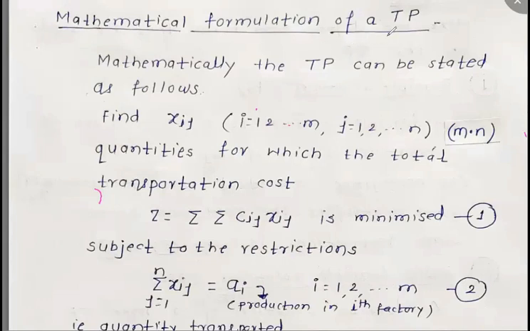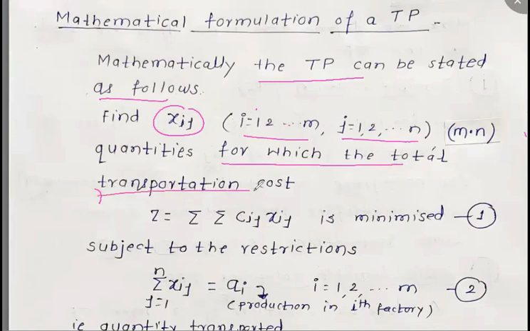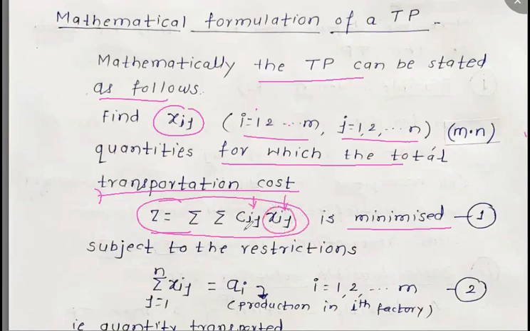Mathematical formulation of a transportation problem. How to describe it mathematically? So mathematically, the transportation problem can be stated as follows. Find Xij, i equal to 1 to m, j equal to 1 to n. Determine these m into n quantities for which the total transportation cost Z is minimized. Xij means the number of units transported, and Cij means the cost of transporting one unit.